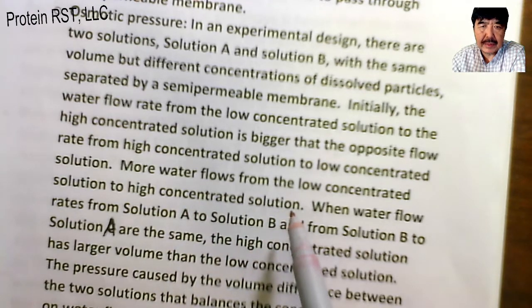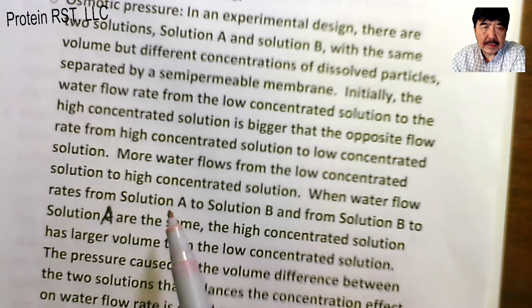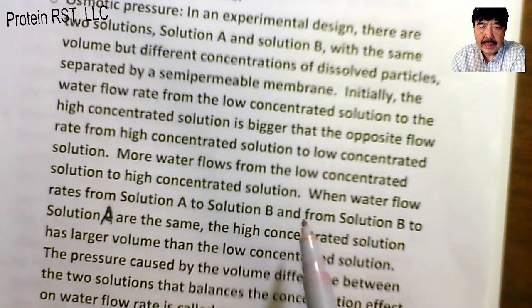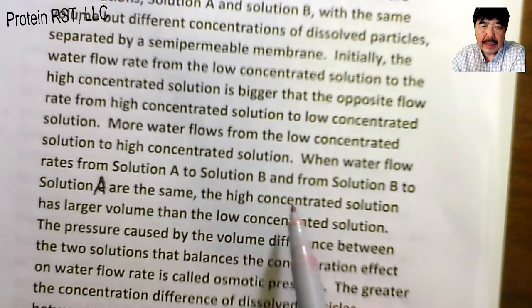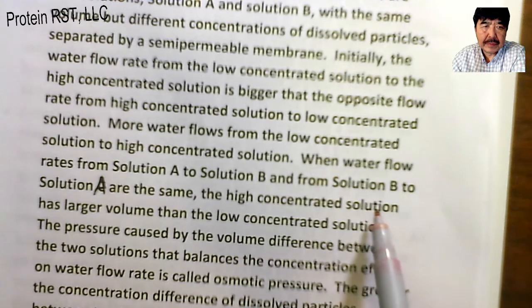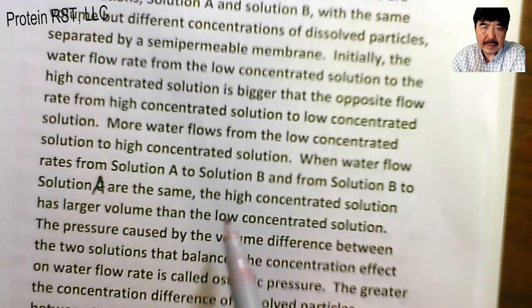When the water flow rate from solution A to solution B and from solution B to solution A becomes the same, the high concentrated solution has a larger volume than the low concentrated solution.